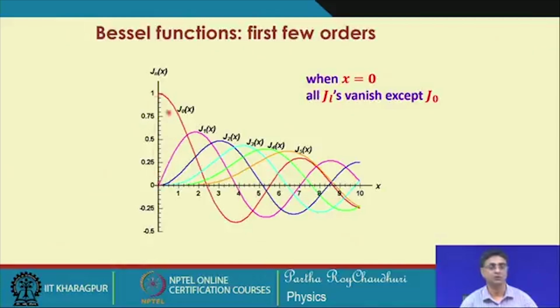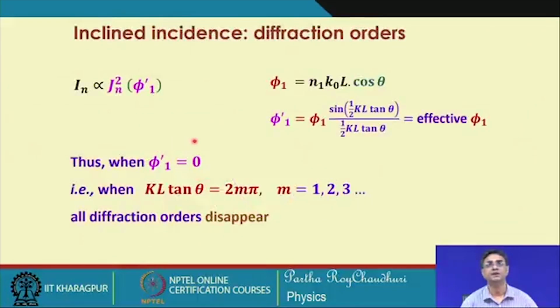So, at phi equal to 0, but even when there is an effect of the strain, this phi dash equal to 0 is possible, because if this quantity itself is equal to 0, half k L tan theta equal to 0, if k L tan theta equal to 0 or if tan theta is equal to 0. That means this is the condition when we will have this numerator equal to 0.